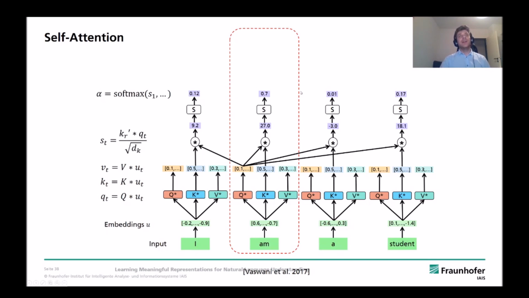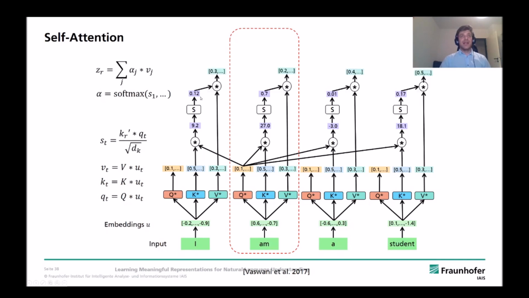And we can use these normalized scores as weights. And then we take the weighted average of all of the value representations of all of the words here and construct a new representation for the word "am", which is based on the context.